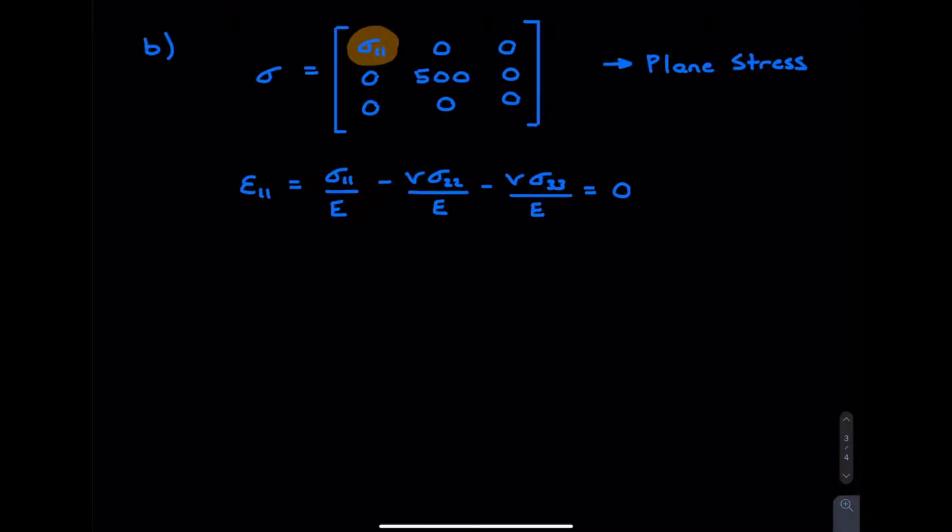We also know that sigma 3,3 from above is going to be 0. So I can just cancel all of this out, and therefore, I can move stuff to one side.